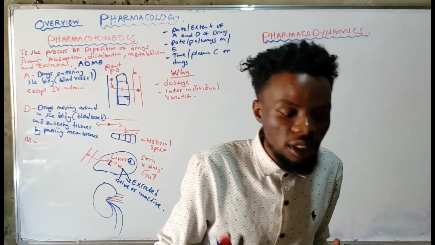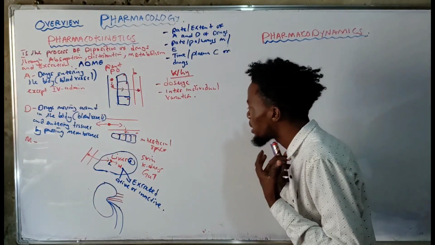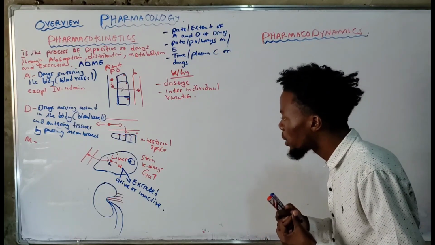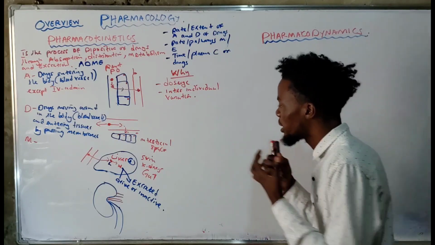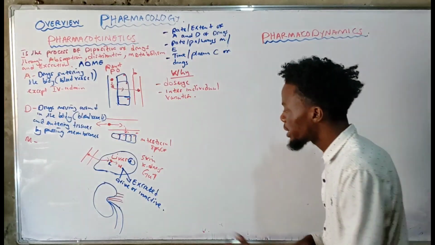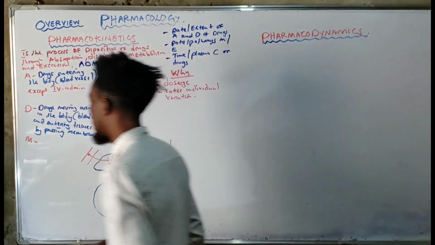So those are the functions of the liver, or the organs where metabolism occurs. They are going to make the drug active or inactive, or promote excretion.